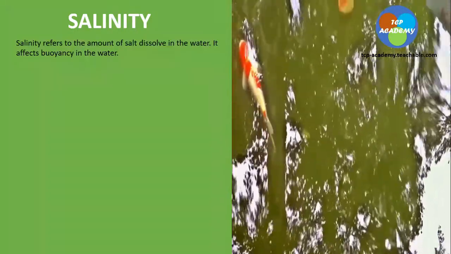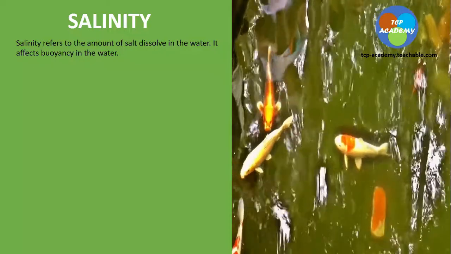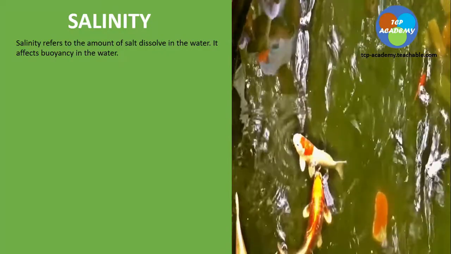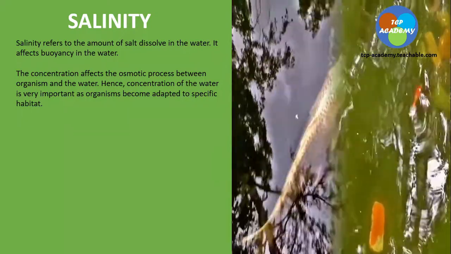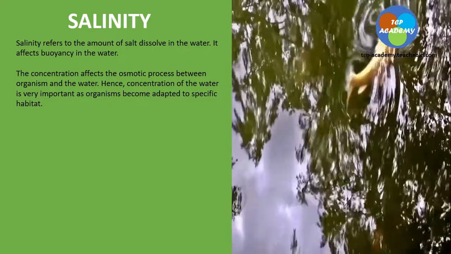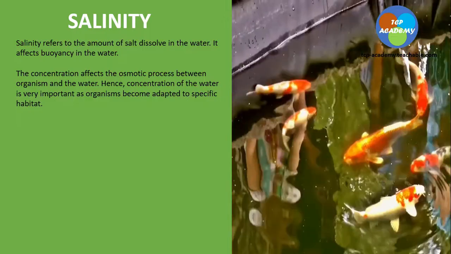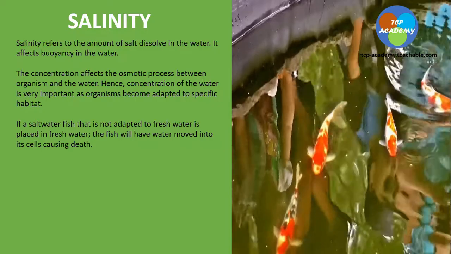Salinity refers to the amount of salt dissolved in water, and it affects the buoyancy in the water. The concentration affects the osmotic process between organism and the water. Hence, concentration of the water is very important as organisms become adapted to specific habitats.